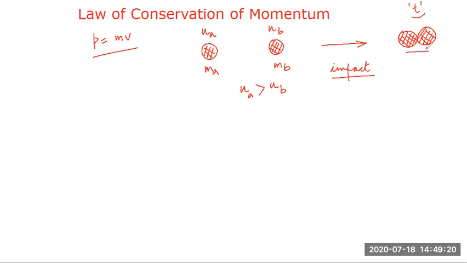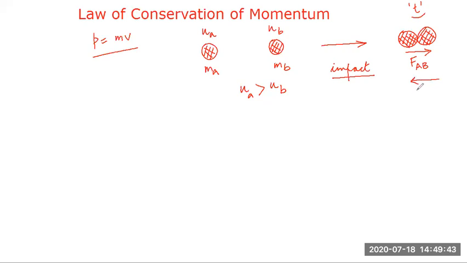Body A applies a force FAB on the second body. According to the third law of motion, action and reaction happen simultaneously and they are opposite in direction and equal in magnitude.